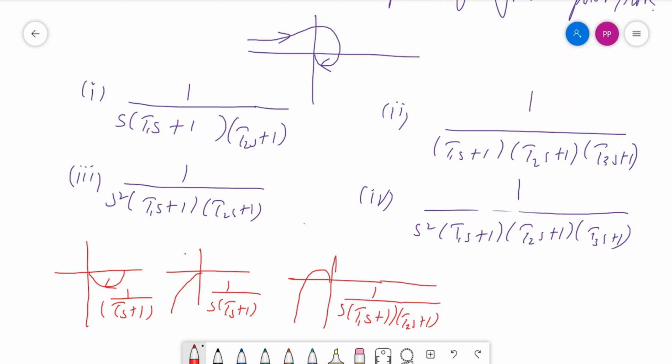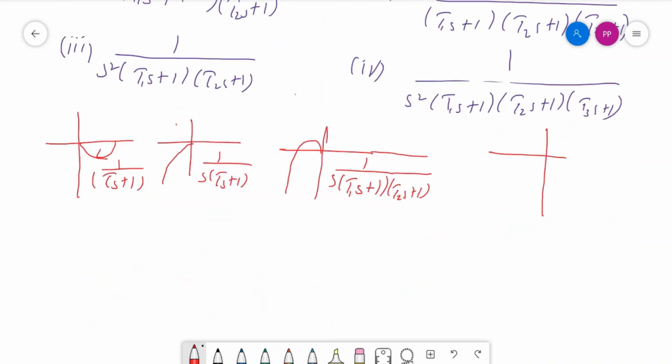Now if I want to plot a function like this, when we try for the next one, which is in such a way that we are plotting the starting point shifted by 90 degree like this.